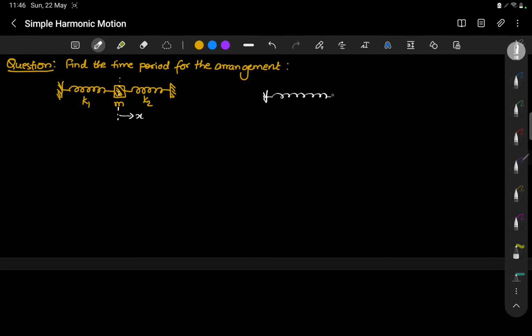k1 gets extended by x and k2 gets compressed by x, because this was the equilibrium position. Earlier the mass was here. Now the block has moved by x distance over here. So this distance is the extension, which is x.